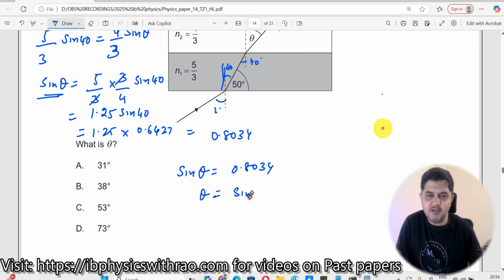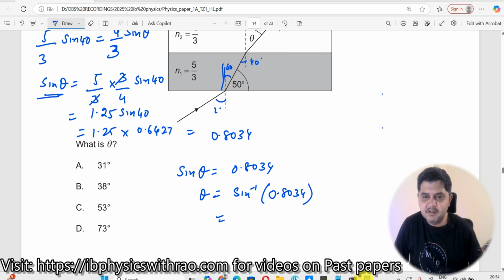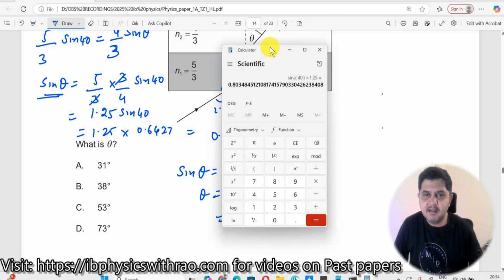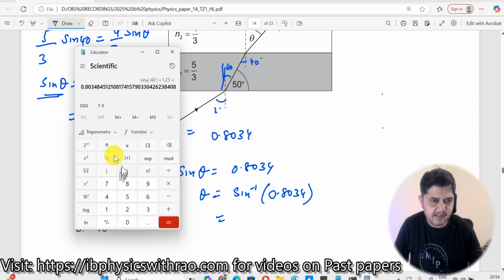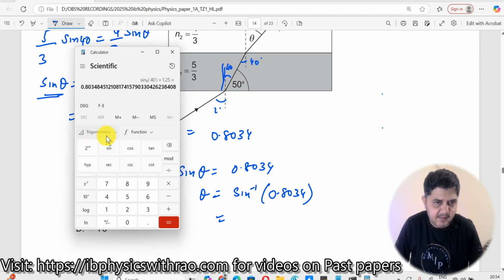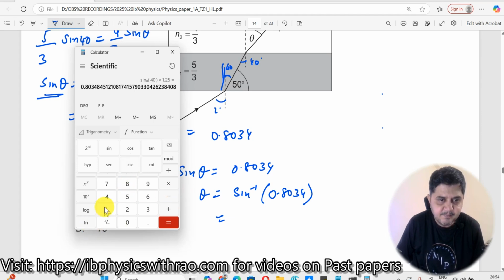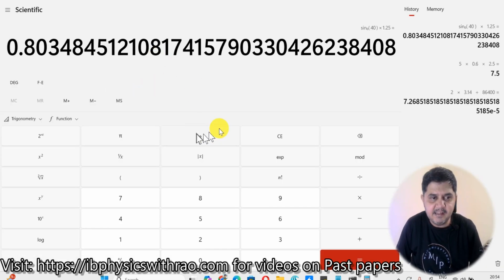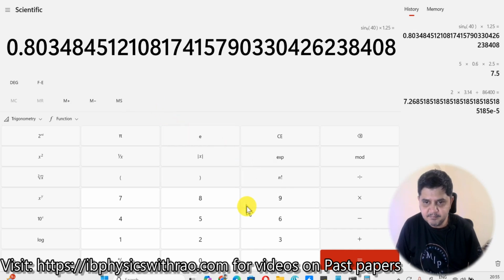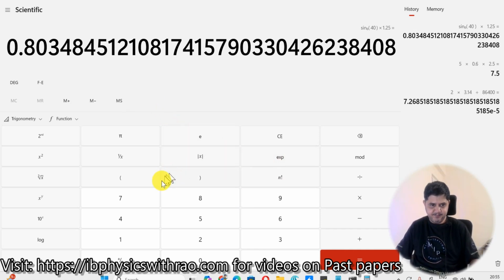Theta is equal to sine inverse of 0.8034. Let us get that value. Now I need to get the sine inverse of this. It is the inverse function, under the inverse key over here.